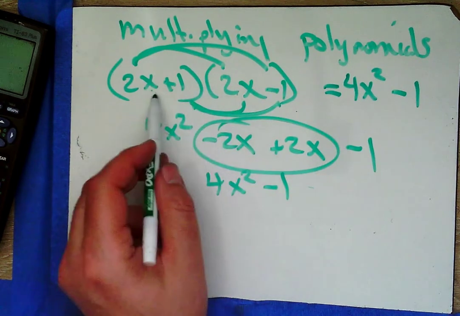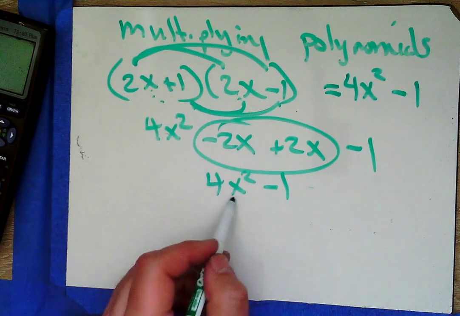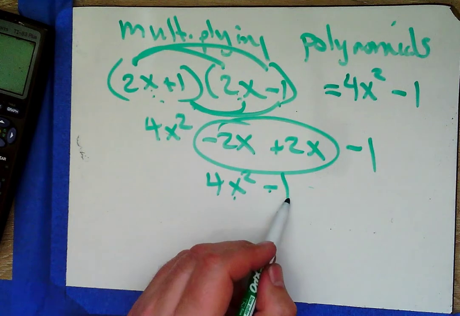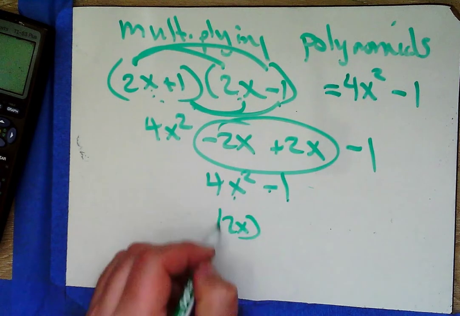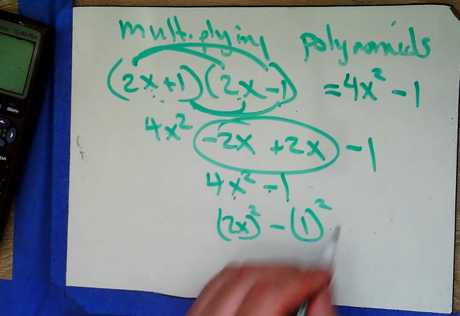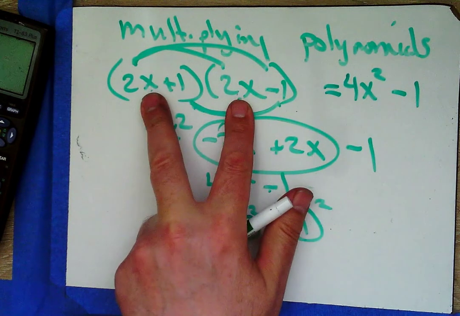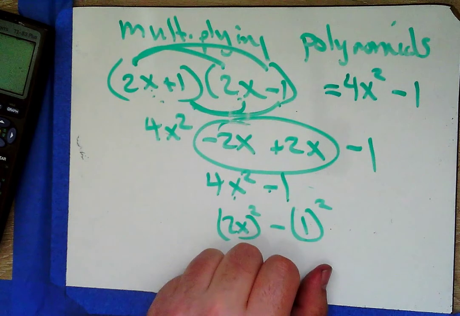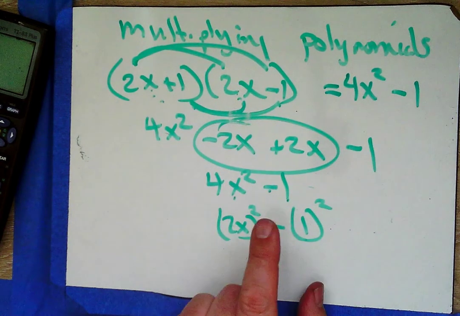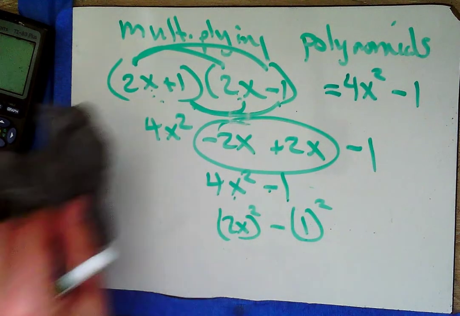When we have a difference of squares, i.e. something squared minus another thing that's been squared, right? This is 2x being squared minus 1 being squared. When we have a difference of squared things, they're always going to factor in the same form. And that will always have only 2 terms. We won't have 3 terms with our difference of squares.